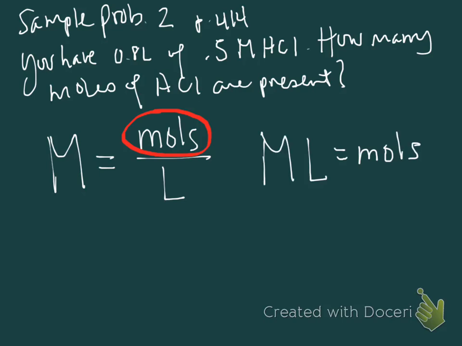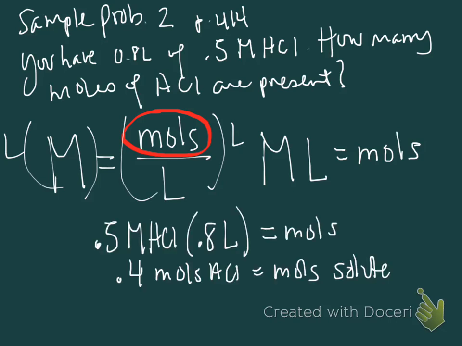Okay, we've rearranged by multiplying both sides by L. That gives us molarity times liters of solution equals moles of solute available. So we took our 0.5 molar HCl multiplied by the 0.8 liters of solution that we have, and we get 0.4 moles of HCl is equal to our moles of solute.